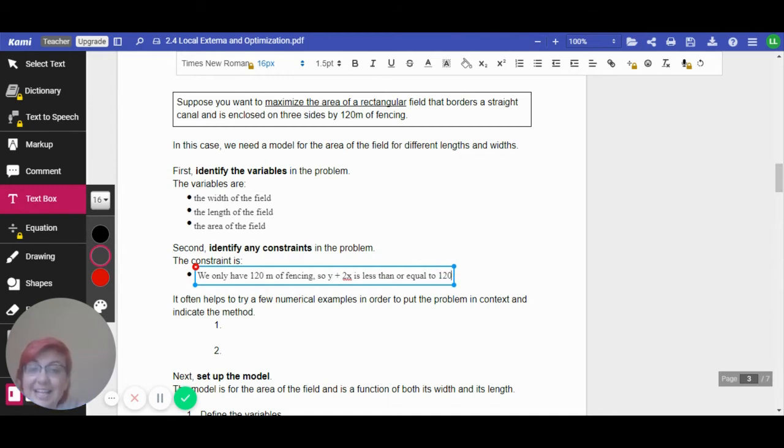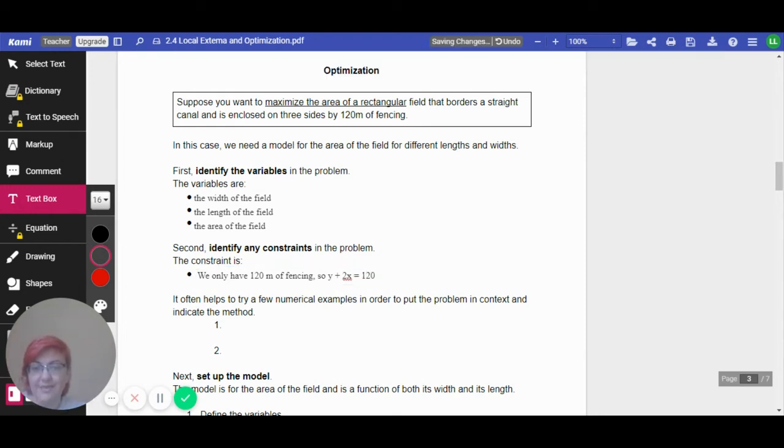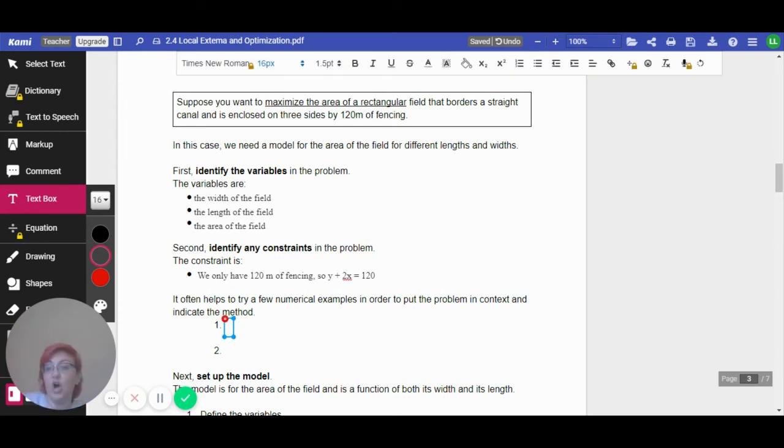Actually, no, they said it is 120. So we're going to say equal to 120. That is our constraint. Now, it often helps to try a few numerical examples in order to put the problem in context and indicate the method.